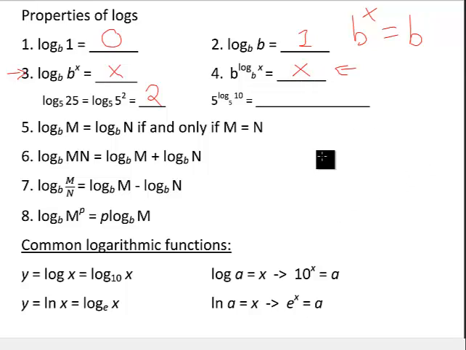Okay? So we can do the same sort of thing right here. If we have 5 as a base for an exponential and 5 as a base for a log, if you compose those two, what you get is what you put in to begin with. In this case, it is 10.